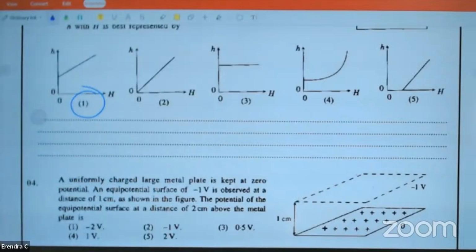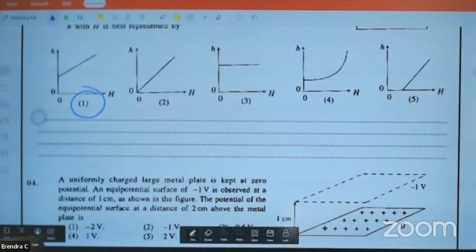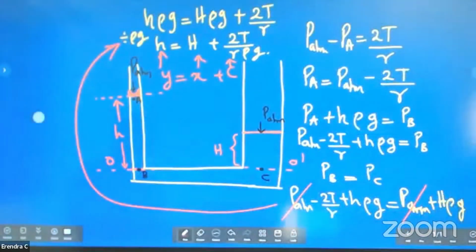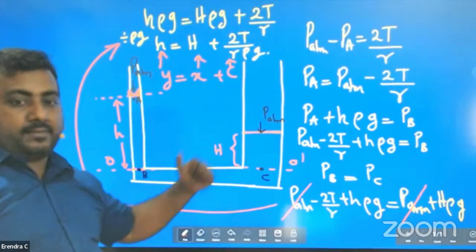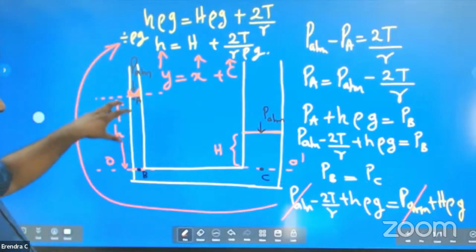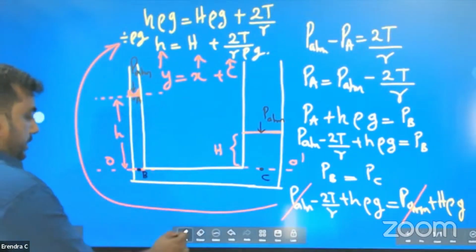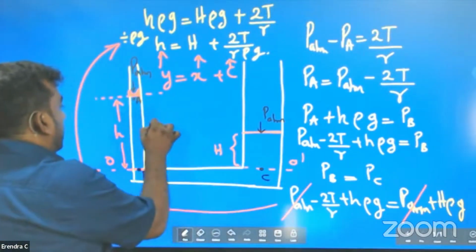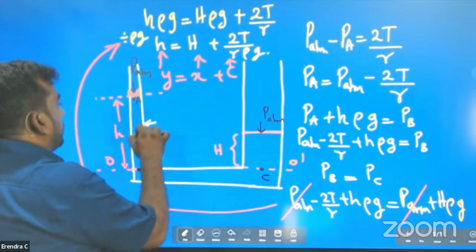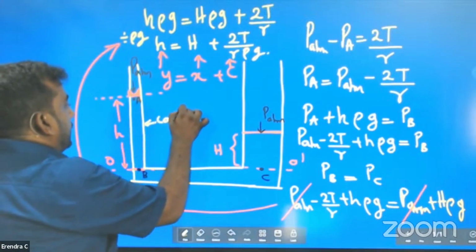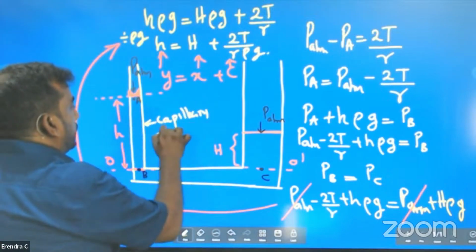So, a little bit of surface tension knowledge here as well. What's happening is when you pour a little bit of liquid, here it rises more. This is a capillary tube, it rises more.